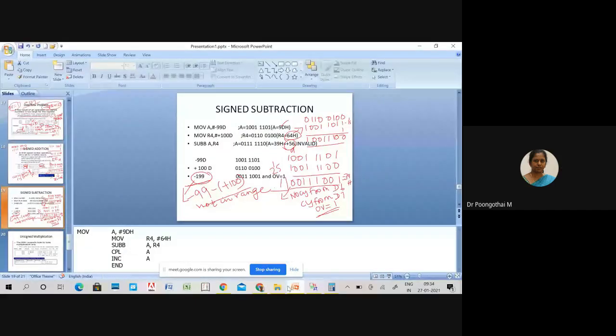Any other doubts, ma'am? In this example you can incorporate complement A, increment A. Now let's check the results in our simulator.